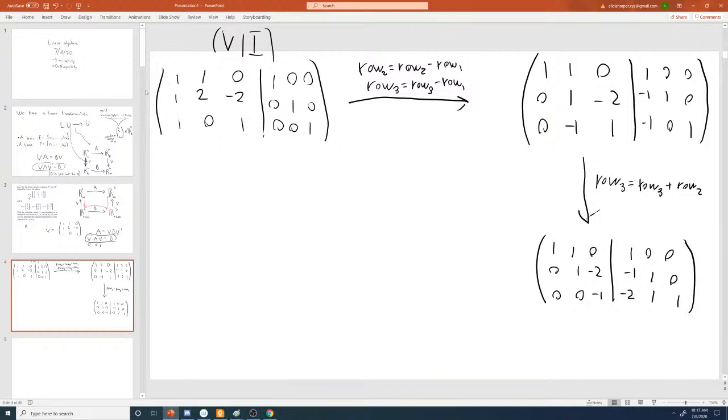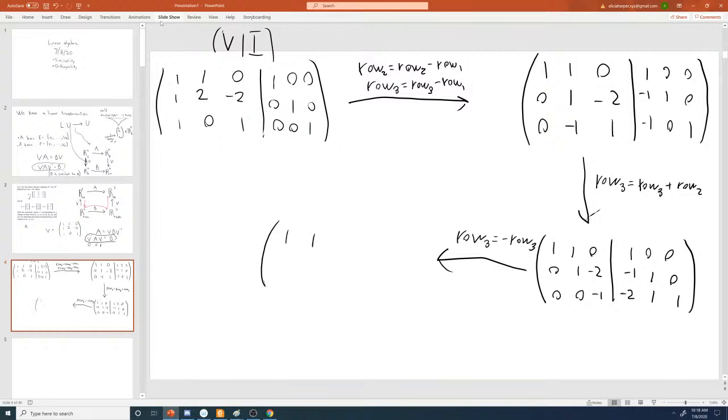All right, so this is looking good. Next thing, I will do an extra operation here, which is I'm going to set row 3 equal to negative row 3.